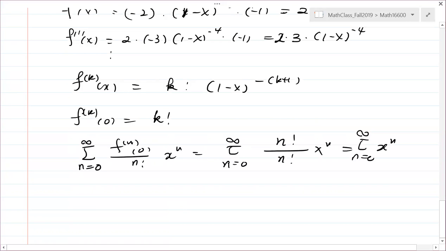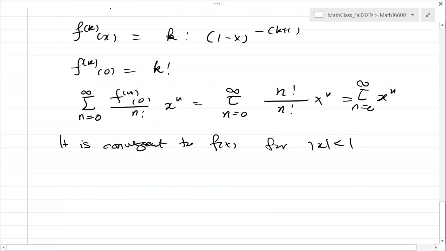My claim is it is convergent to f of x for absolute value of x less than 1. Why? Because we find a way to calculate this.